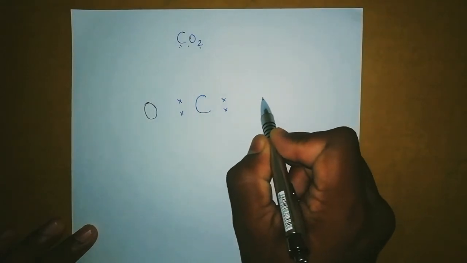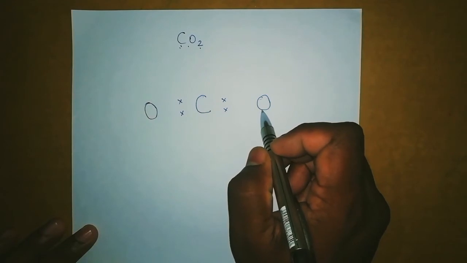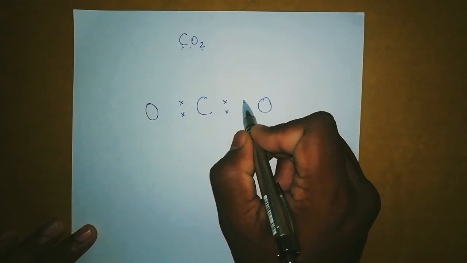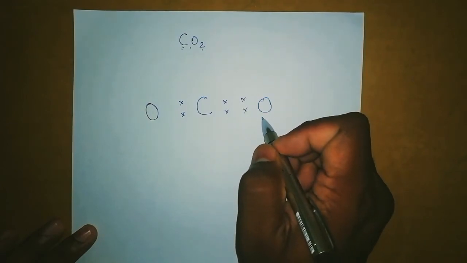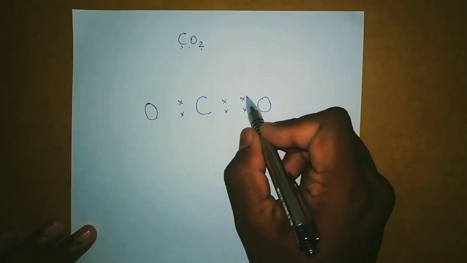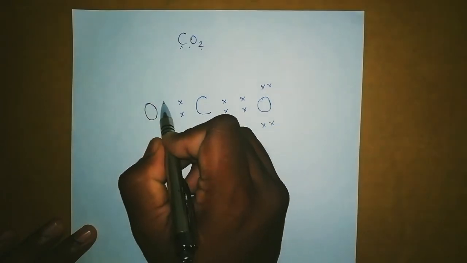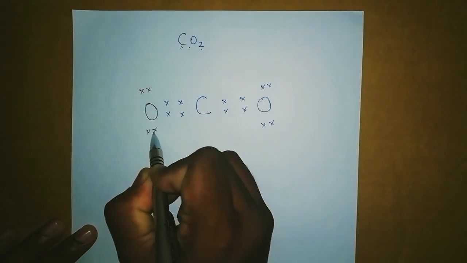As we know, oxygen combines with a double bond, right? So let's start here. How many valence electrons does this oxygen have? Yes, 6 valence electrons: 1, 2, 3, 4, 5, 6. Here also 1, 2, 3, 4, 5, 6.